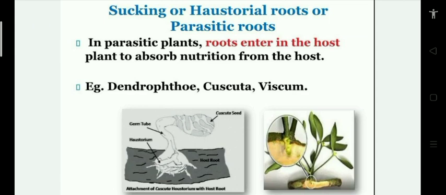We have just seen some root modifications, taproot modification and adventitious root modification. One of them, haustorial roots, are parasitic roots.